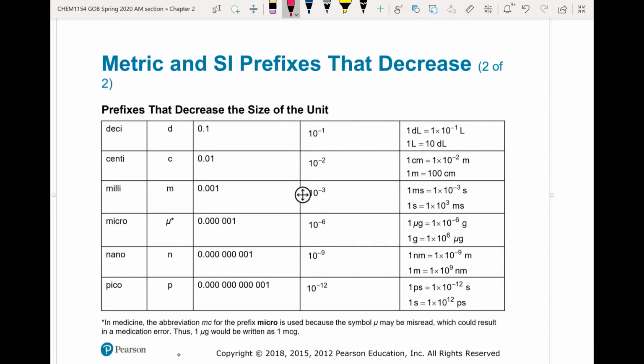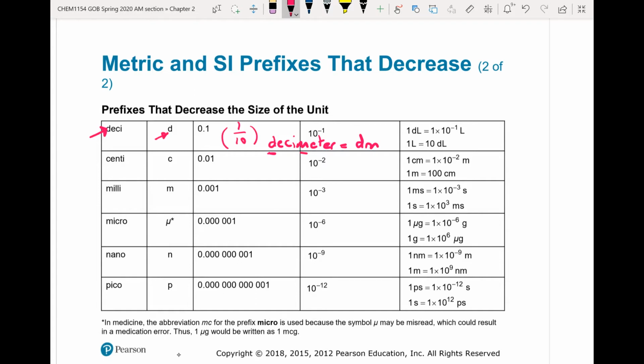The first one is deci. Deci means 1/10th of something, or 0.1 of something, and it has the symbol small d. So 1 decimeter would have the symbol small d, small m.